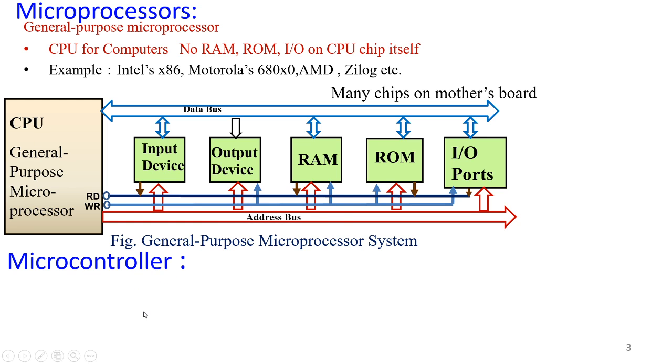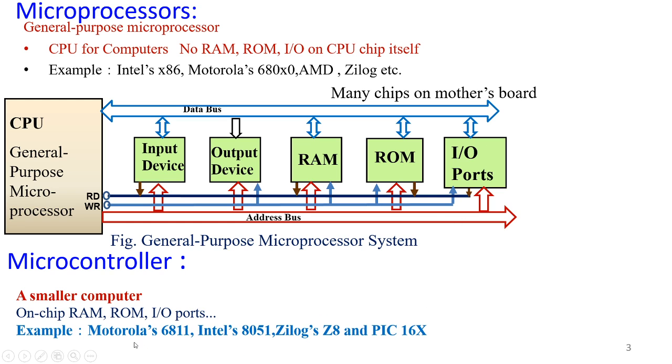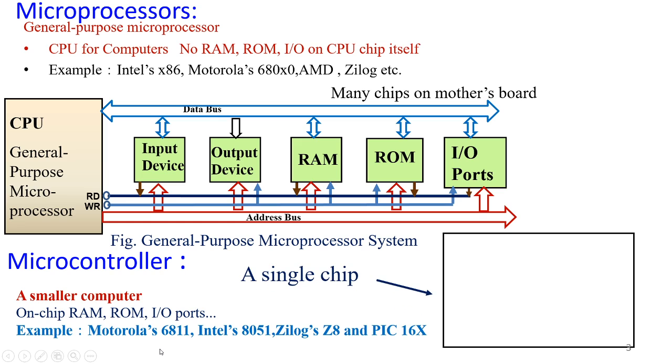Now in microcontrollers, it is a small computer on a chip with random access memory, read only memory and input output devices. For example, Motorola, Intel, Zilog, then PIC, various companies manufacture microcontrollers.